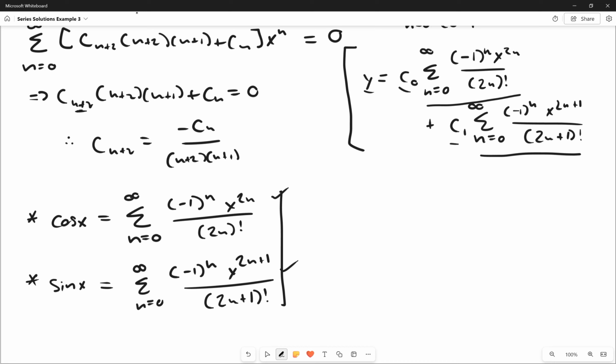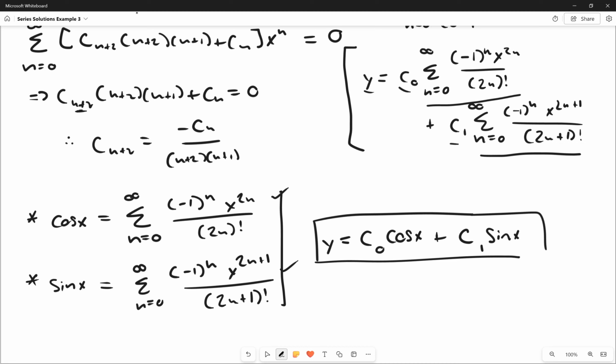So, knowing that everything we found up here is valid, we can then say that y is just c naught cosine of x plus c1 sine of x, where c naught and c1 are constants. And that is the solution to this ordinary differential equation, y double prime plus y equals 0, without any sort of boundary condition, where these are both constants again.